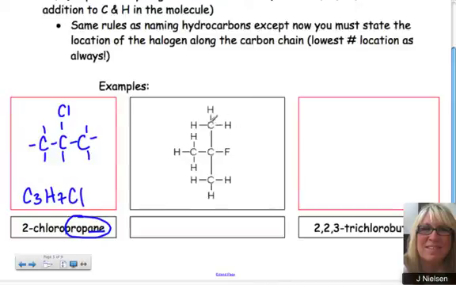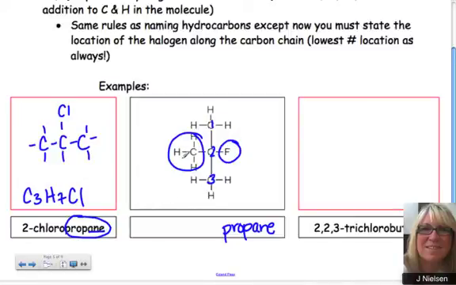In the middle diagram, we have two things going on. We have a fluorine and we have a methyl group. So we have to name both of those. But let's start with our parent chain. It's prop, and it's all single bonds, so it's going to be a propane. And remember, when you have more than one functional group, you have to name them alphabetically.